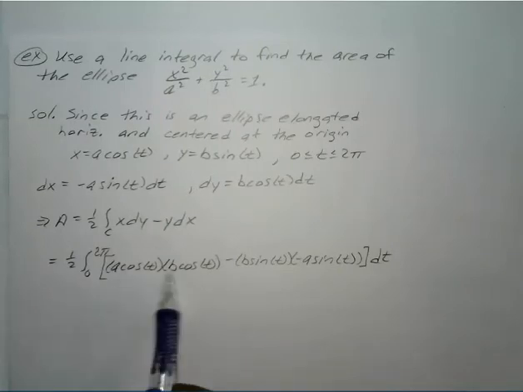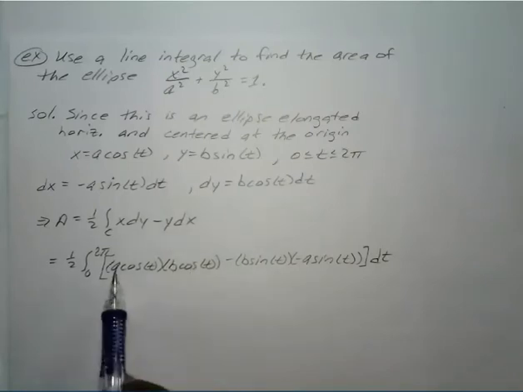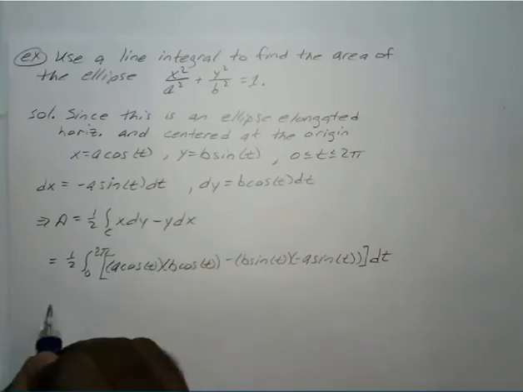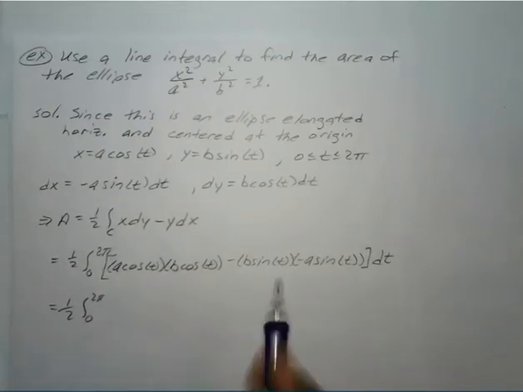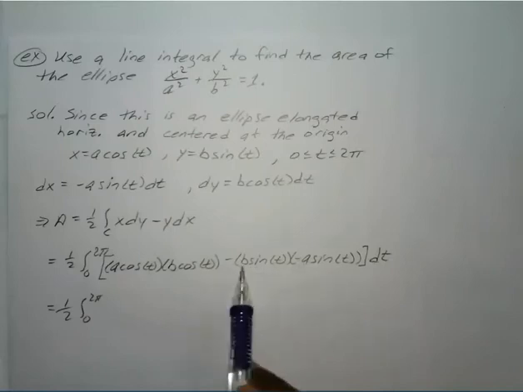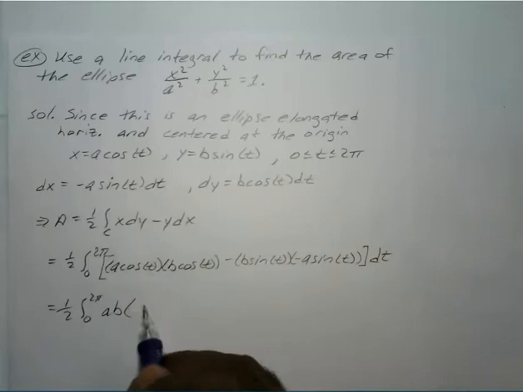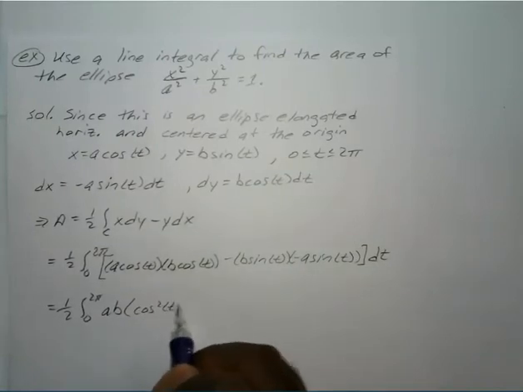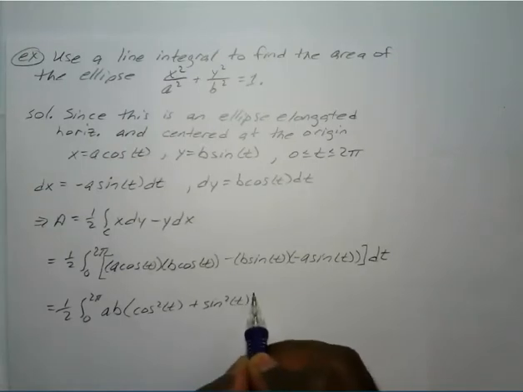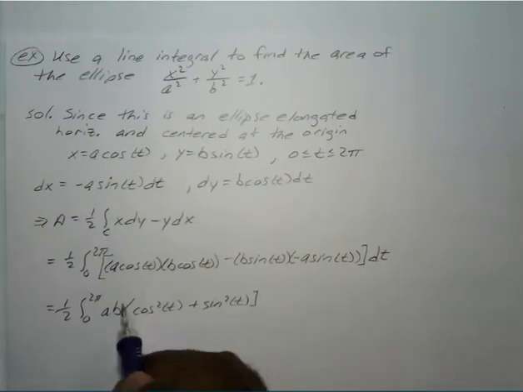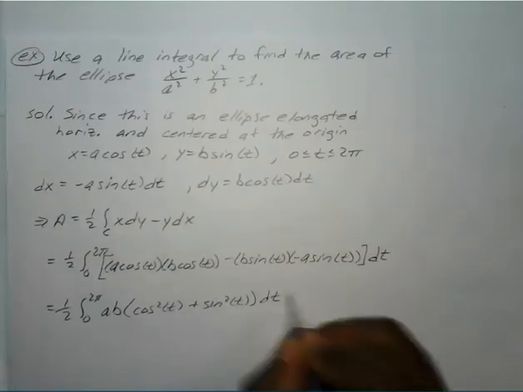Okay. So again, if we go ahead and combine these, you have a times cosine times b times cosine. It's just a times b times cosine squared. And here you also have a and b that you might as well factor both of those out. So you have a times b times cosine squared plus sine squared, and that's with respect to t.